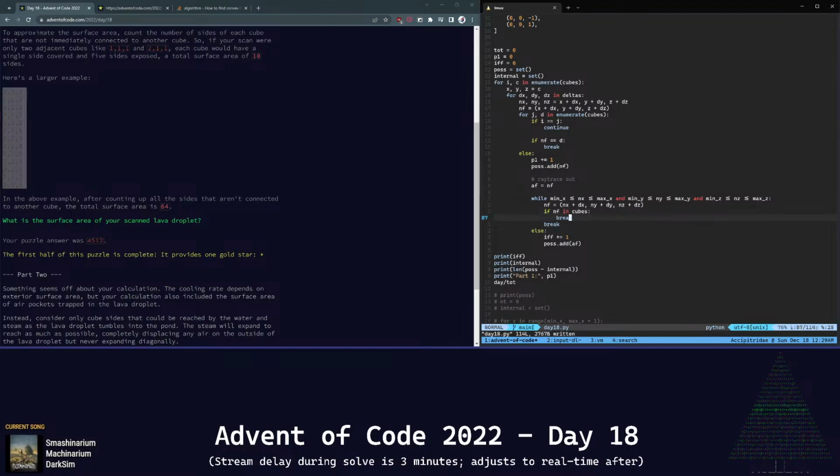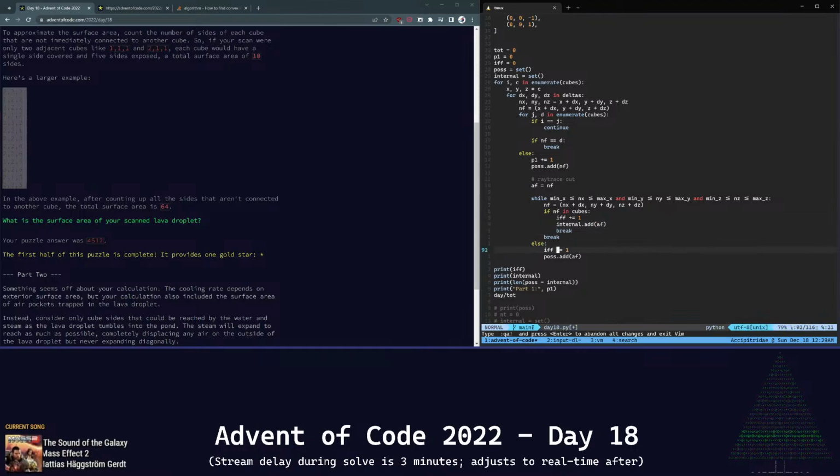Wait, actually, if we see another cube here, that means we are internal, right? Uh-oh.